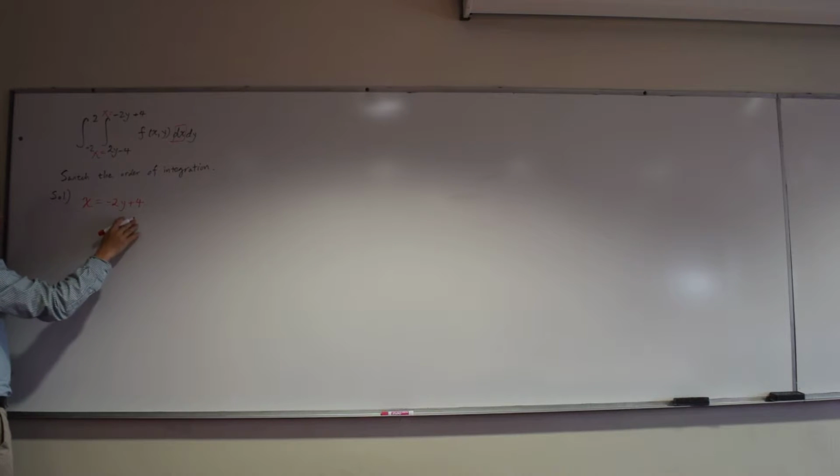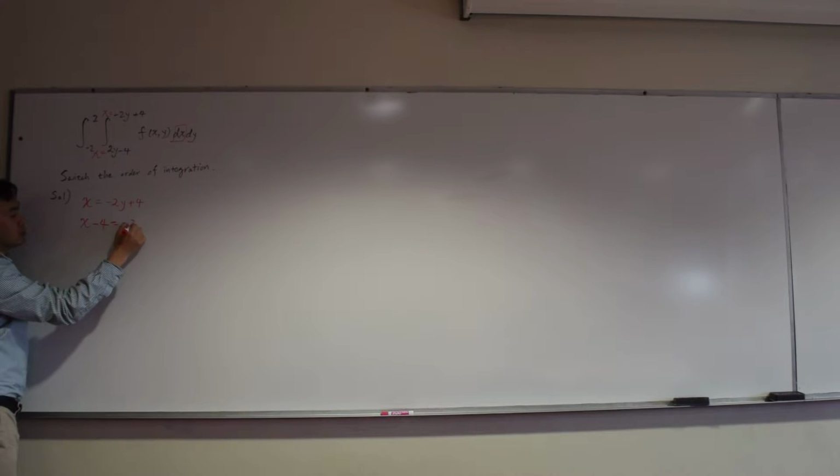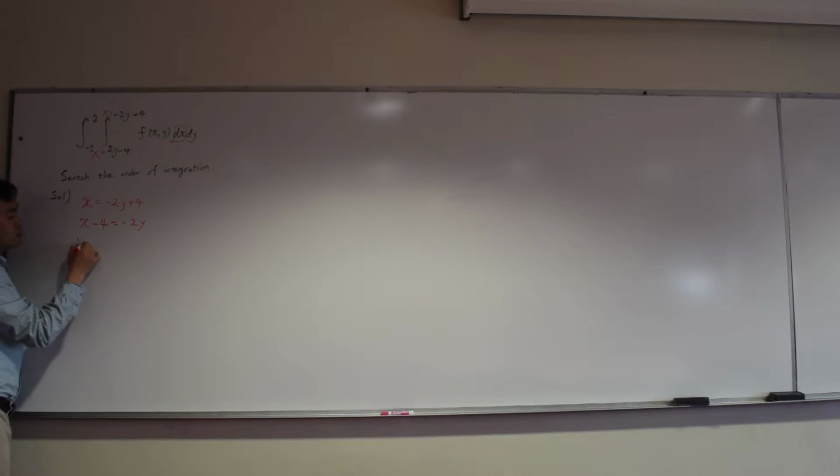Now I don't know the graph of this until I solve for y, so I'm going to solve for y. Subtract 4, divide by -2. And then you have 1, 2, with -1/2 being your slope.